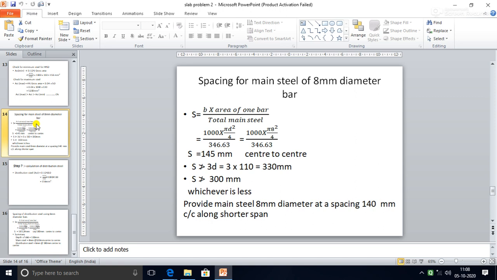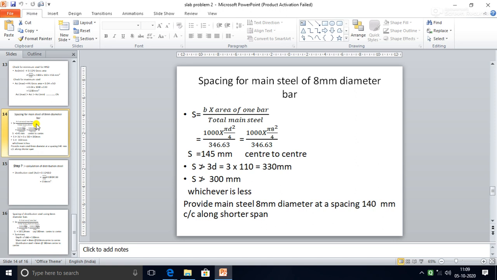This spacing should not be greater than 3d, that is 3 into 110, that is 330 mm, and it should not be greater than 300 mm. We have provided 145, it's okay, it is less than 300 or 330 mm. So provide main steel 8 mm diameter at a spacing of 140 mm center to center along the shorter span.